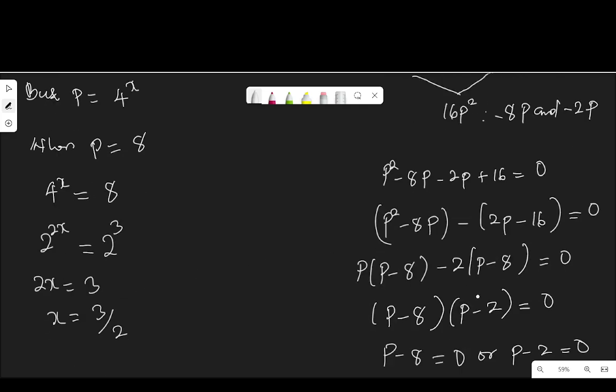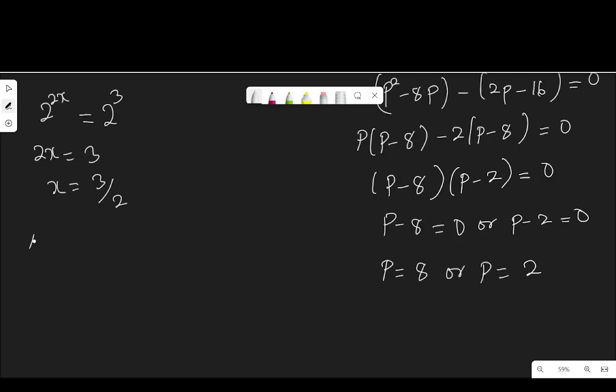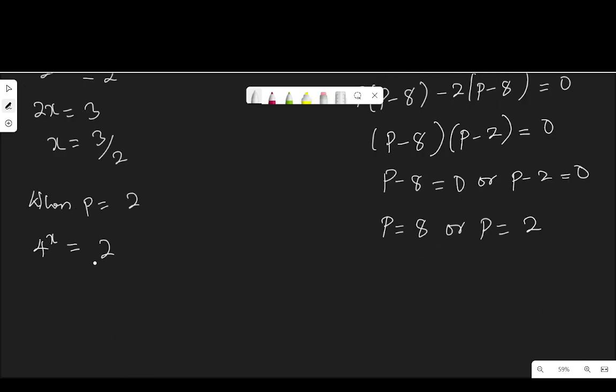Again, the second value of p is 2. So when p is equal to 2, 4 to the power of x is equal to 2, since p here is 4 to the power of x. Again, expressing this in index form, I'll have 2 to the power of 2x is equal to 2 to the power of 1.